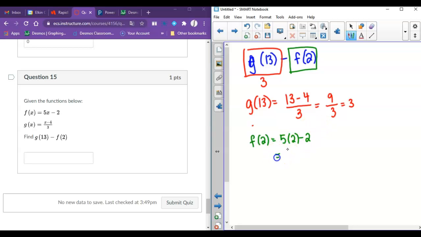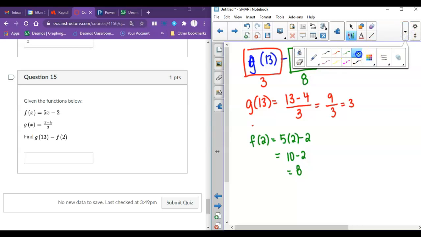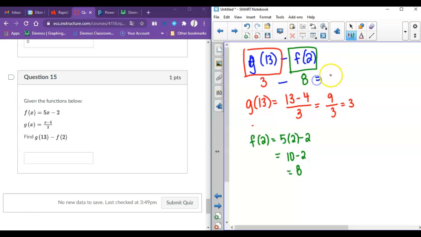Make sure you use your order of operations. You're going to multiply first. So you've got 10 minus 2, and 10 minus 2 is 8. So f of 2 is 8, so we're putting our 8 right here, and we have to subtract these two numbers. So 3 minus 8 is going to give us negative 5. So that would be our answer for this problem.